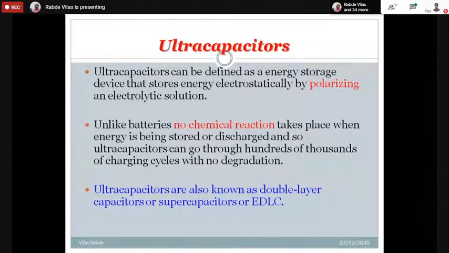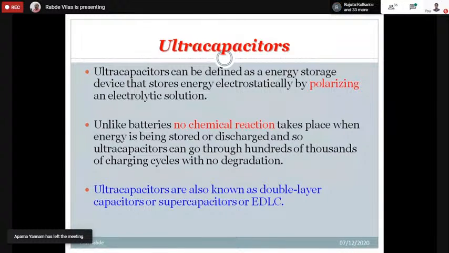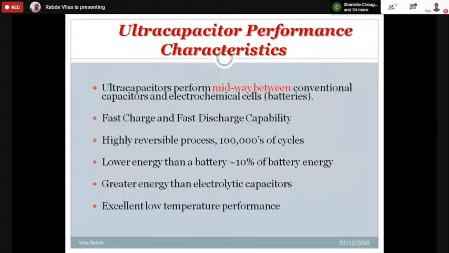That's the beauty, because you can have a large number of charge-discharge cycles. If you remember a television bought by your parents sometime in 70-75, they're still working, and those electronic capacitors are still operational. Ultracapacitors are also known as double layer capacitors or EDLC. So any term that you come across means the same.